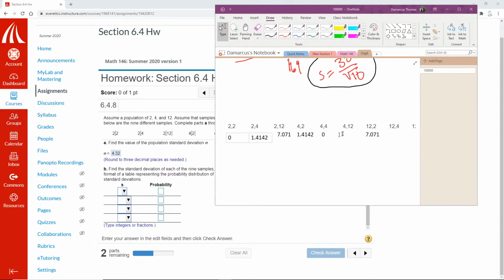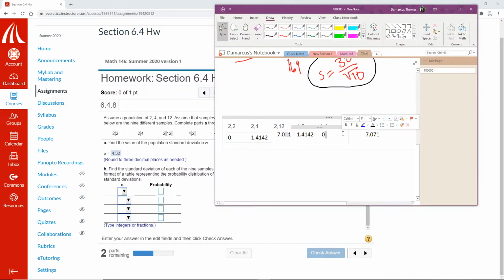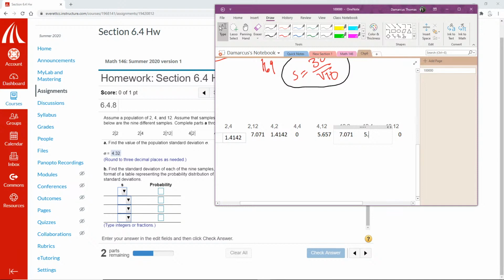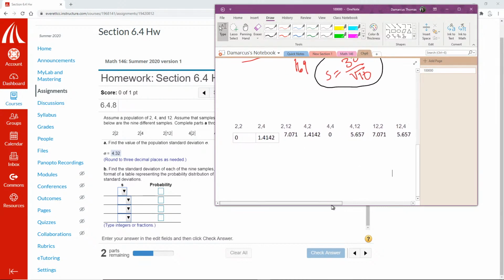Or I'll just say 5.657, and over here 5.657 there.